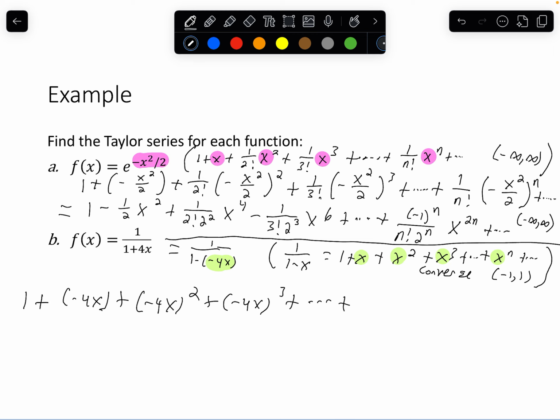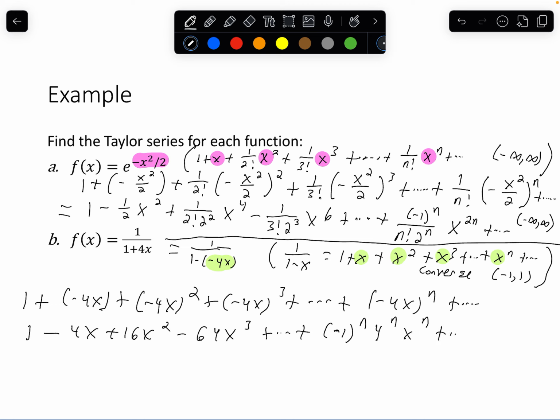Again, this keeps adding down until we get to negative 4x to the nth power, and so on. This can be slightly simplified to 1 minus 4x plus 16x squared minus 64x cubed. This keeps on going until we get to the nth term, which is -1 to the nth power times 4 to the nth power times x to the nth power, and this keeps going on after that.